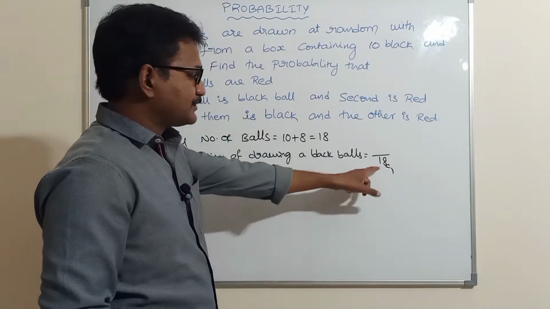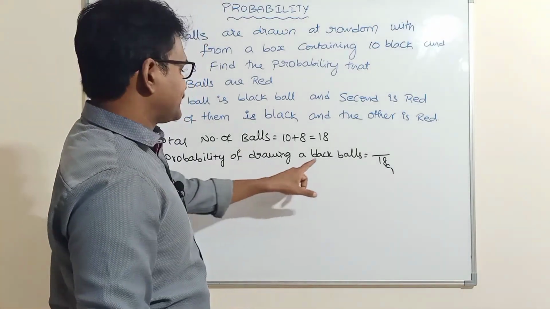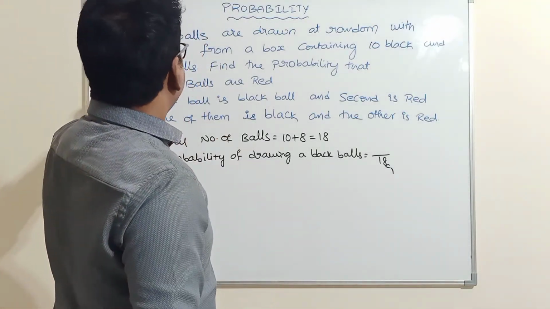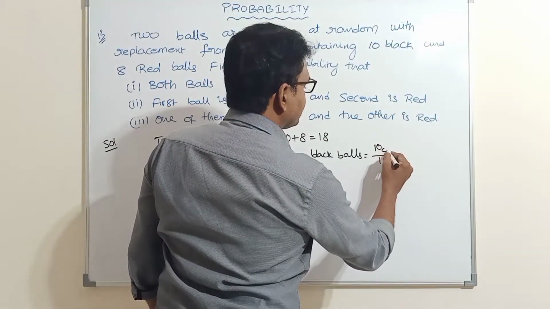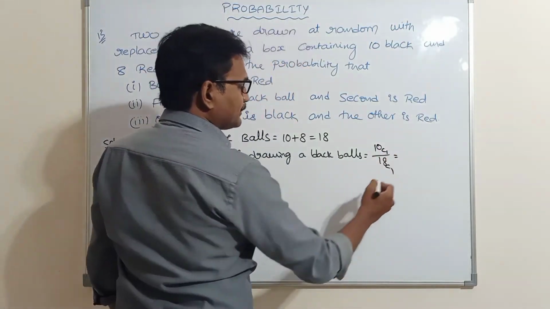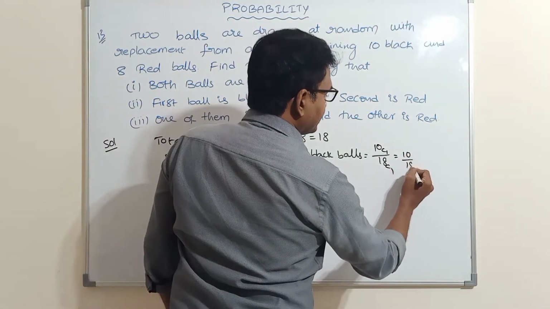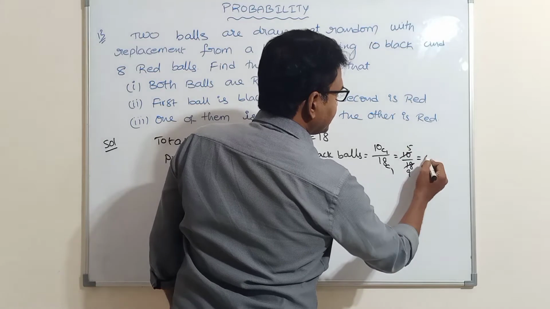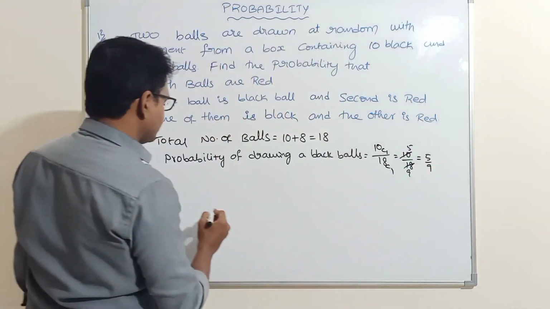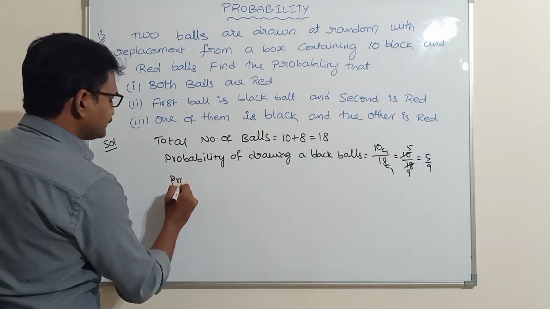Selection means combination, so 18C1. Black balls, how many are there? 10 black balls. So 10C1 by 18C1, that means 10 by 18, which is 5 by 9.